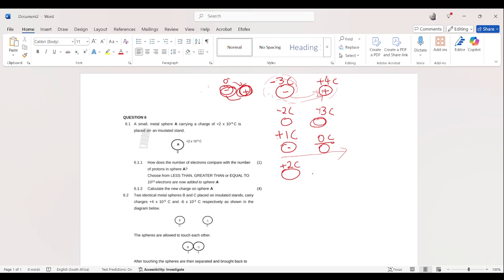Mahlatsi, do you agree? Yes. Okay, and then the other one, minus 5 plus 4, it will be negative 1 coulomb.